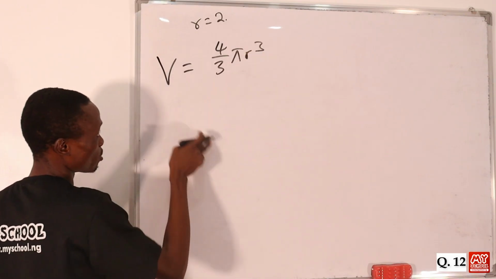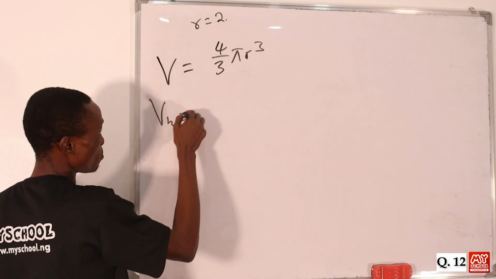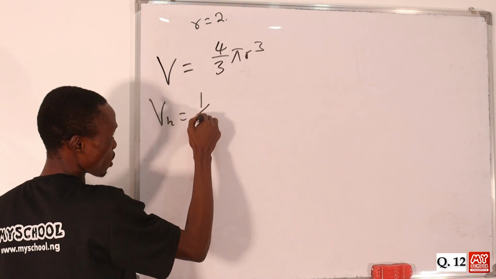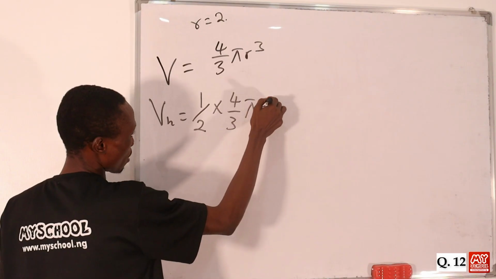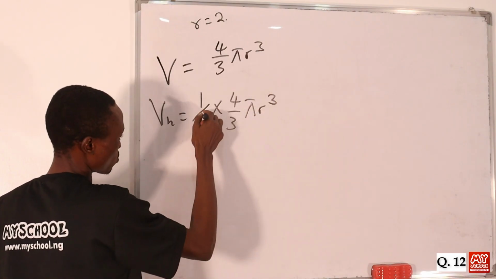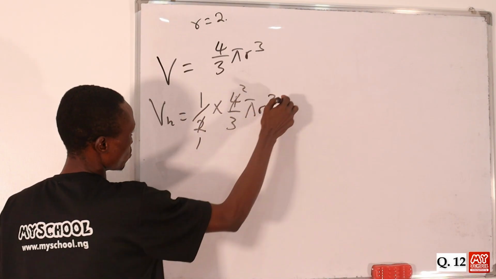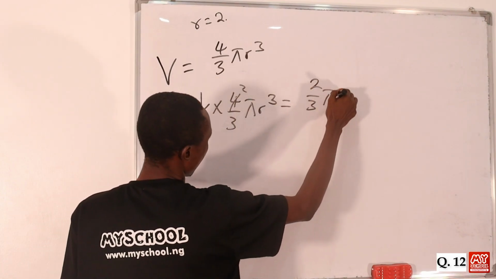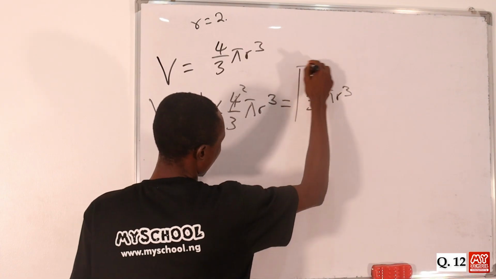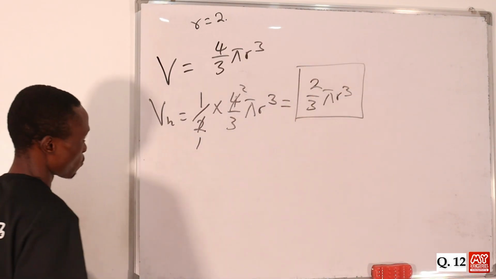Since we are looking for the volume of a hemisphere, that will be half of this, which is 1 over 2 times 4 over 3 pi r cubed. So 2 over 2 cancels to leave 2 over 3 pi r cubed. This is the formula for calculating the volume of a hemisphere.